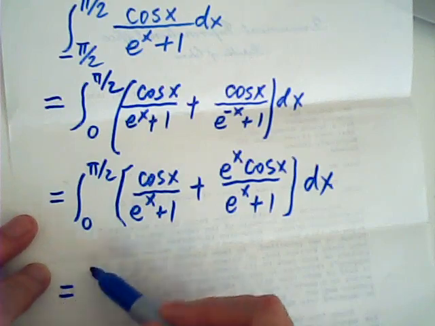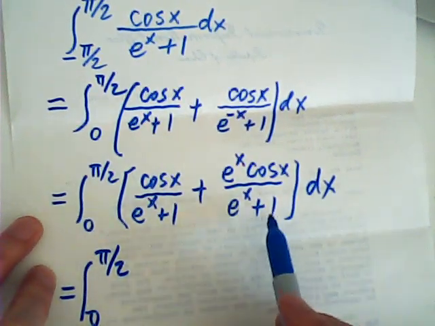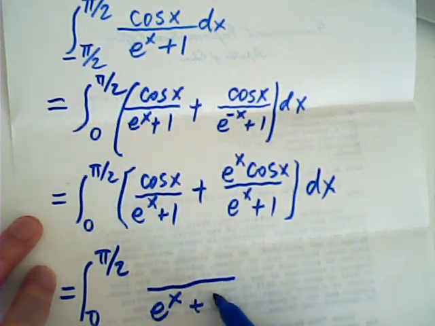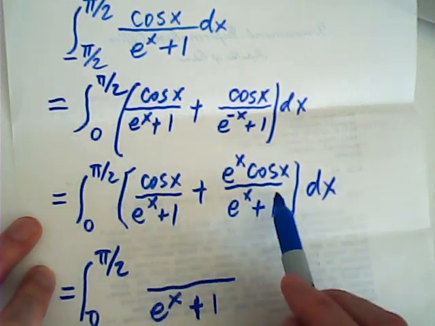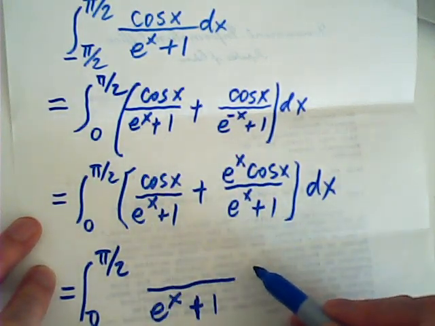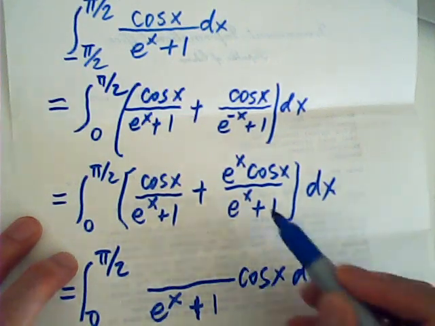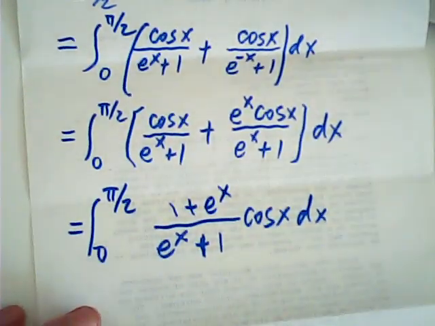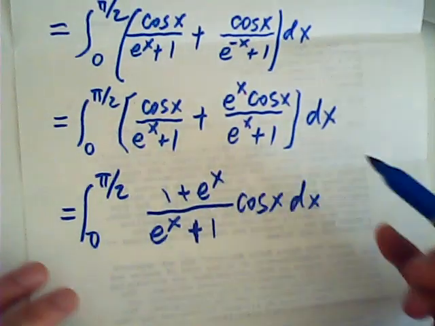And this one is equal to the integral from 0 to half pi. Here the denominator is the same, so we can add. And this plus this one, cosine is a common factor, right? And this one is 1 plus e to the x. So this is nothing but a 1, right?